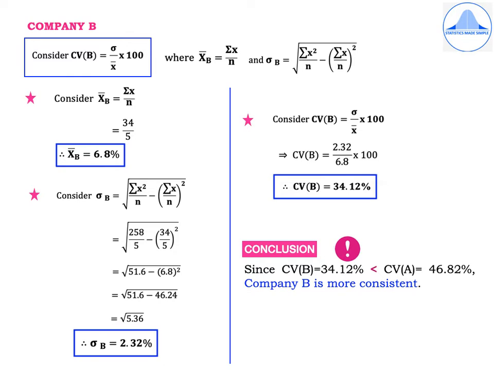So we conclude that company B is more consistent. Always give the reason why a particular company is more consistent. Here CV of B is less than CV of A. That's why company B is more consistent. There'll be 1 mark for the conclusion out of the 10 marks which is allotted for the problem.